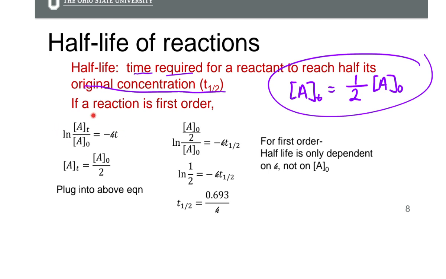I've rearranged that so that we have natural log of A at time t over A initial. And I should write this out here. This is just a rearrangement of ln of A at some time t equals minus kt plus ln of A initial.